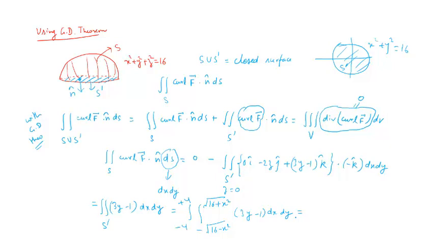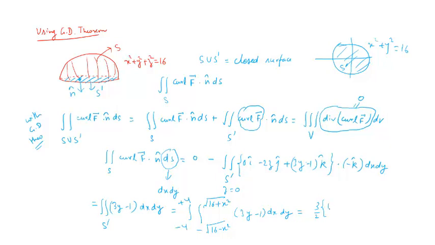Now if we integrate with respect to y first, we get 3 times y square by 2, with the upper limit root of 16 minus x square and the lower limit minus root of 16 minus x square.